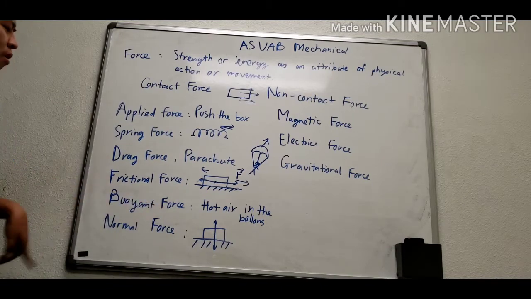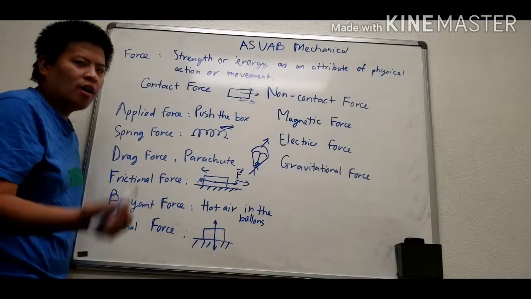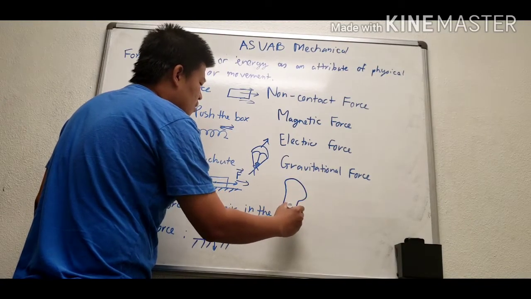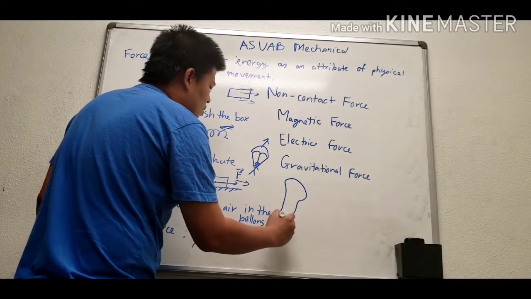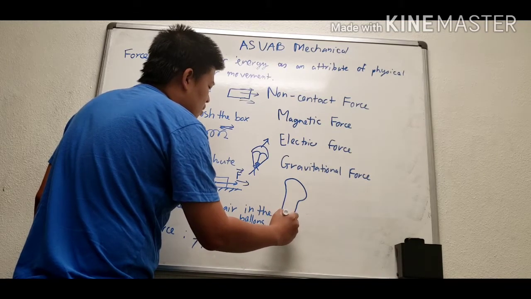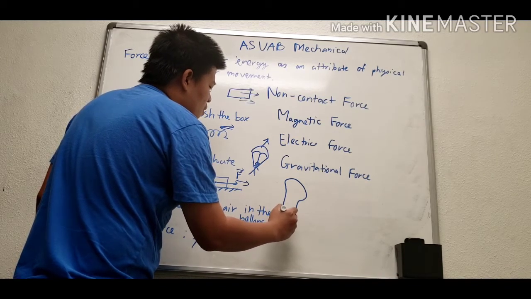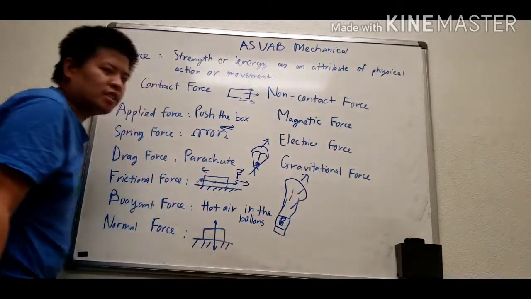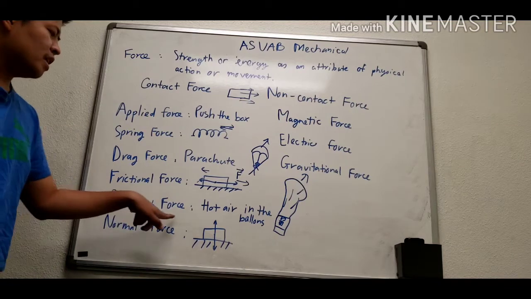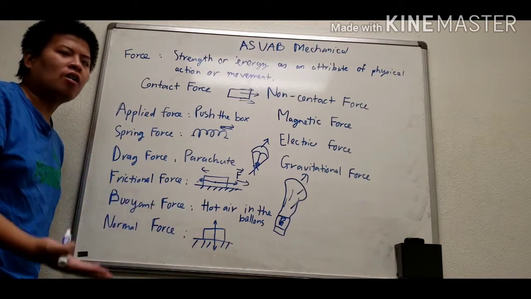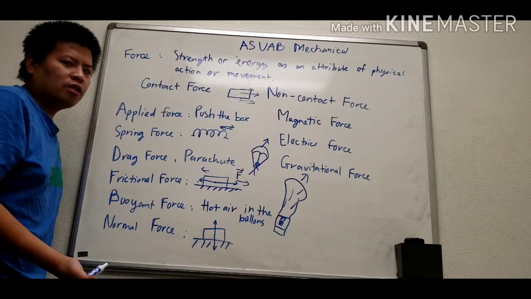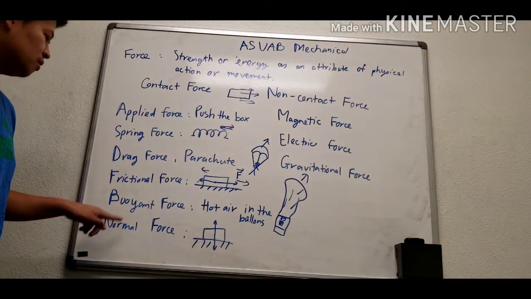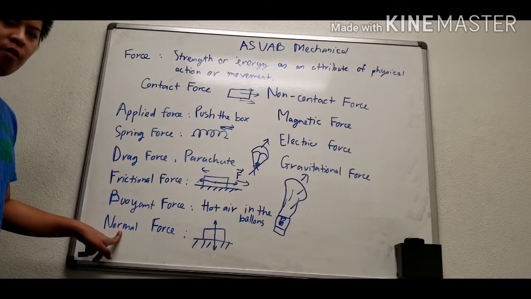Buoyant force. Buoyant force means we need hot air in the balloon. We put the hot air in the balloon so that the balloon can fly in the sky. That's buoyant force, because we need hot air to create a force for the balloon. The next one is normal force.